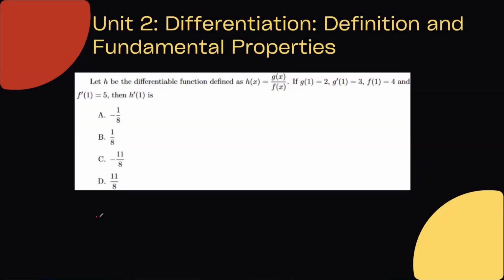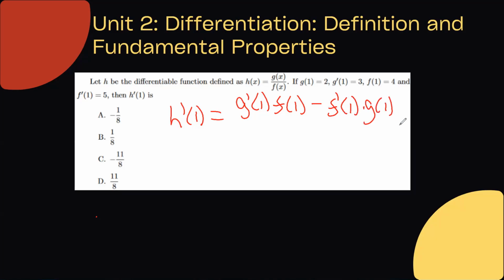Here's another one. Let h be the differentiable function defined as h equals g over f. They have values of g, g prime, f, and f prime. We want h prime of 1. So we'd have to use the quotient rule here, which is the derivative of the top times the bottom minus the derivative of the bottom times the top. With the quotient rule, the order matters because you have subtraction in the numerator. Also, it's all over the denominator squared.